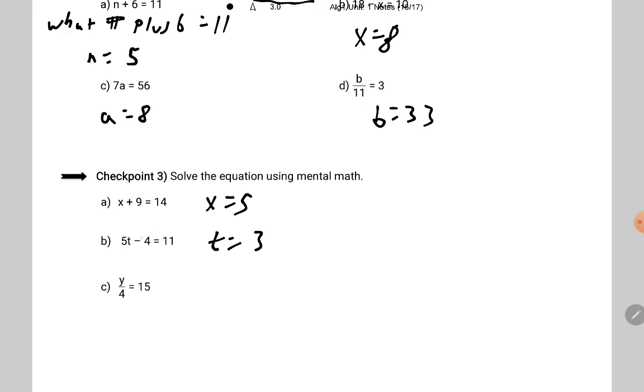Another way to look at it is I'm going to add 4. Like I'm going to move this 4 over to the 11 here, and that becomes 15. And then 5 times what number is 15? And then what divided by 4 is 15? And that would be 60.